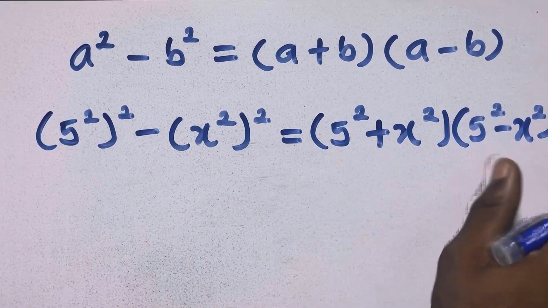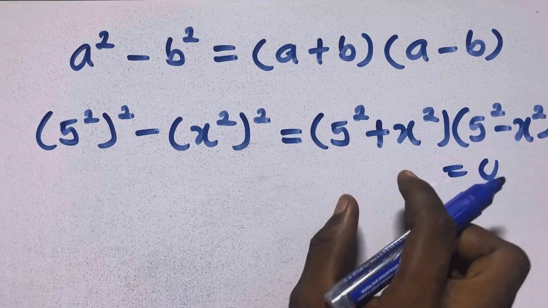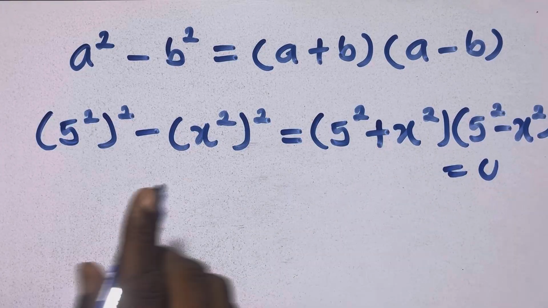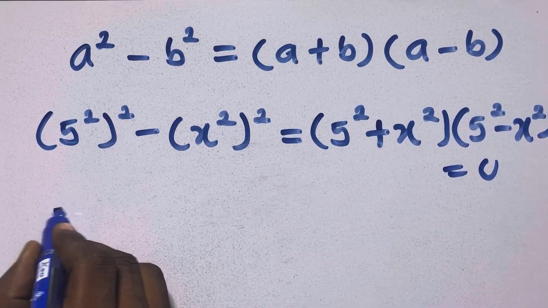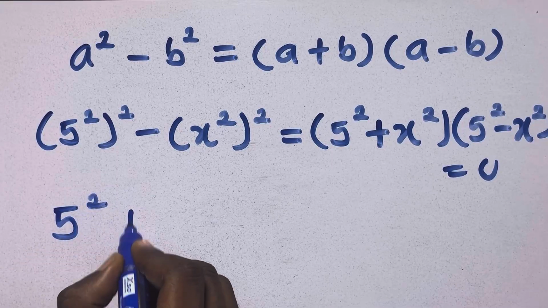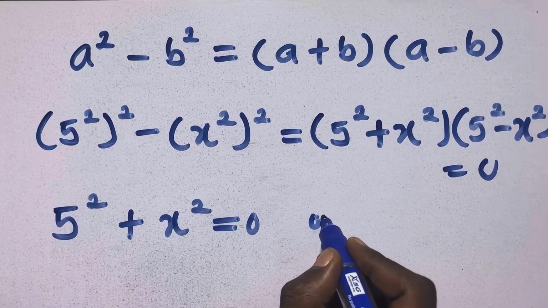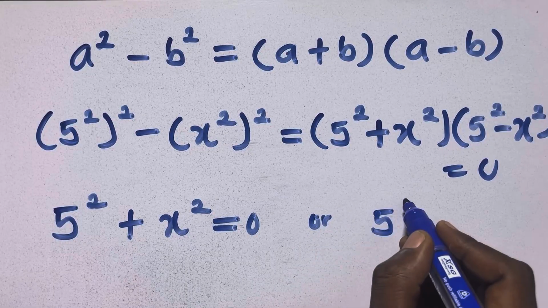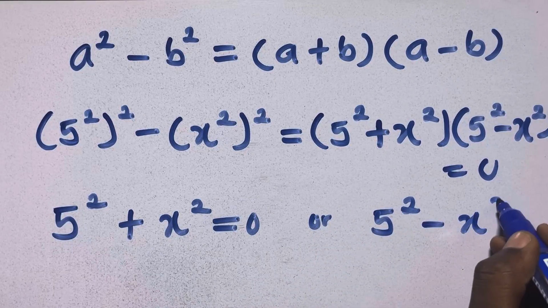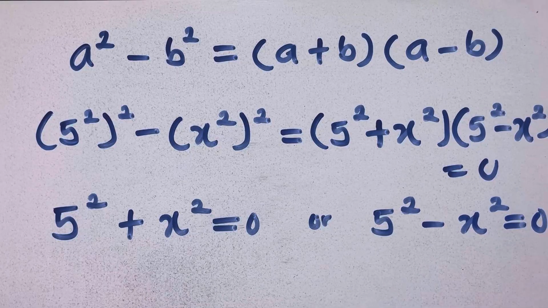When we have it like this, we have two solutions: this equals 0 and this equals 0. So we will have 5 squared plus x squared equals 0, or 5 squared minus x squared equals 0.